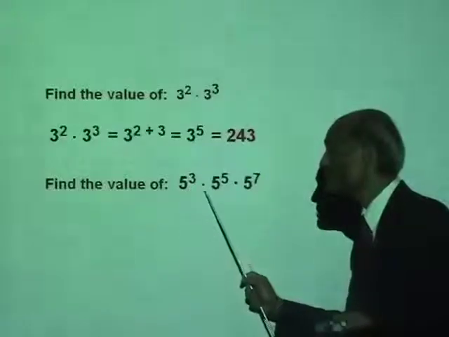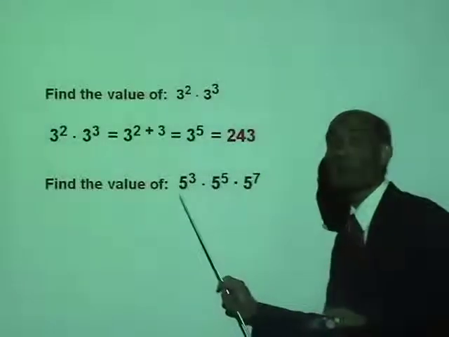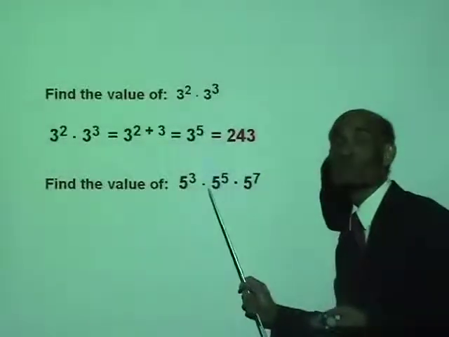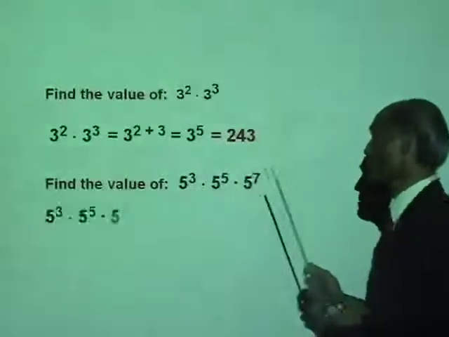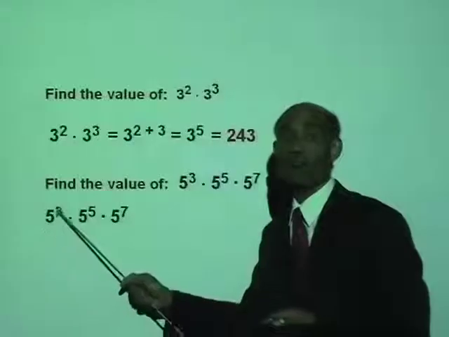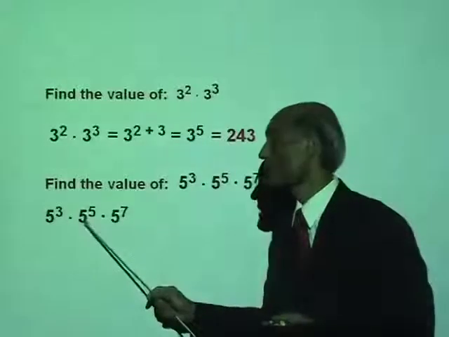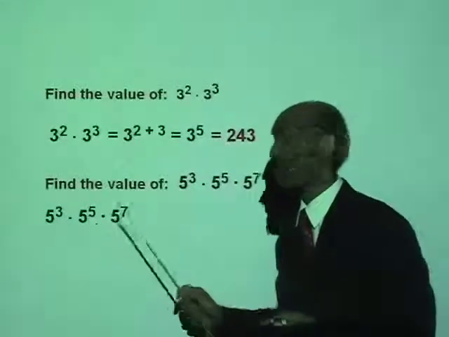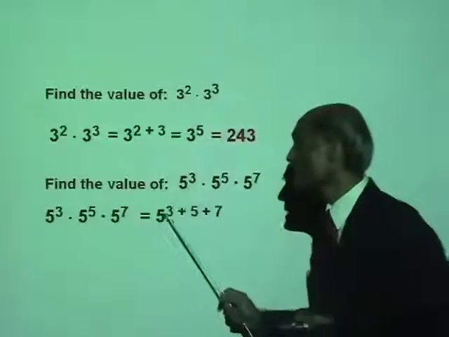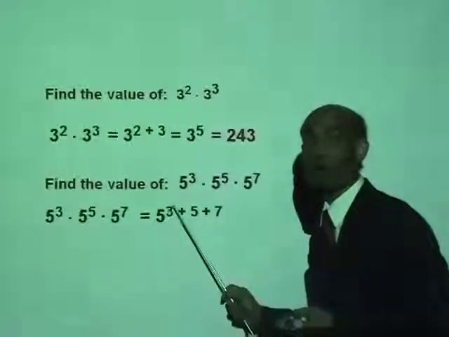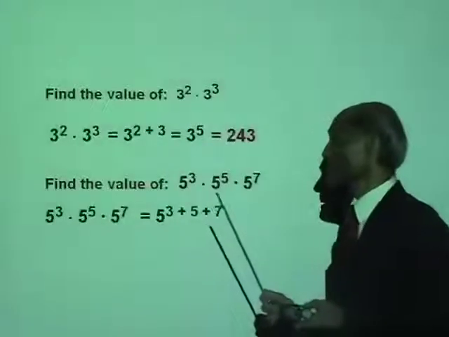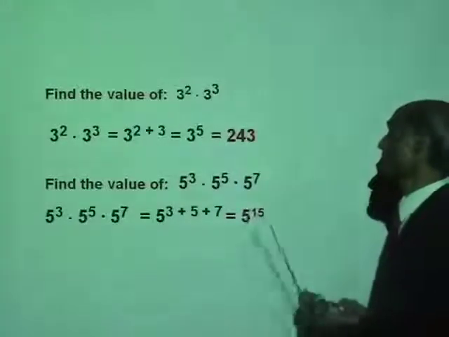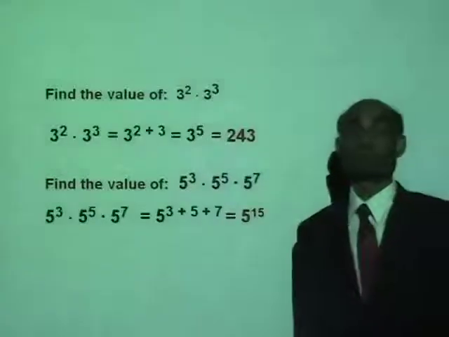When expressions with the same base are multiplied, you raise that base to the sum of the powers. So 5 to the power of 3 times 5 to the power of 5 times 5 to the power of 7 is 5 to the power of 3 plus 5 plus 7, and that is 5 to the power of 15.